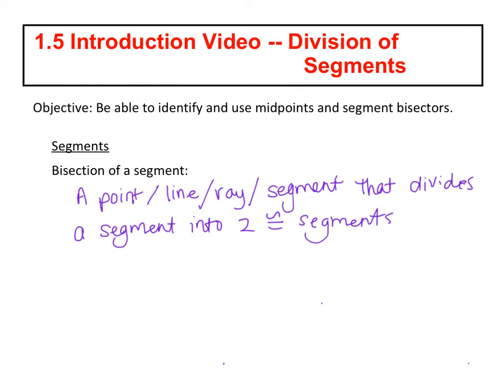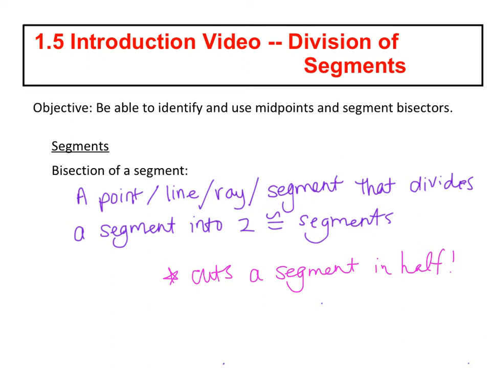So basically what it does is it cuts a segment in half. That's why it's called a bisection. It cuts it into two equal pieces.